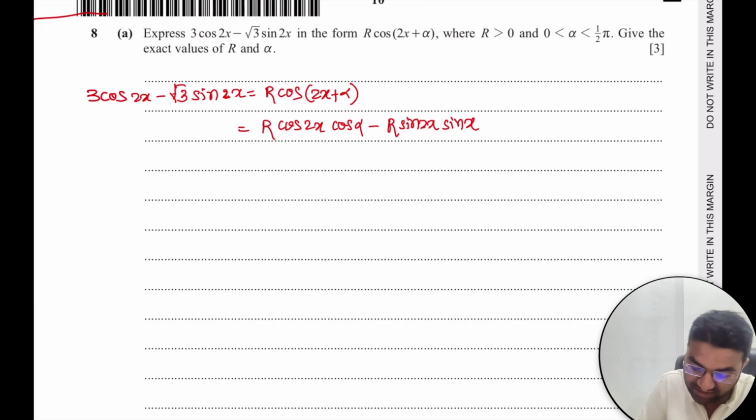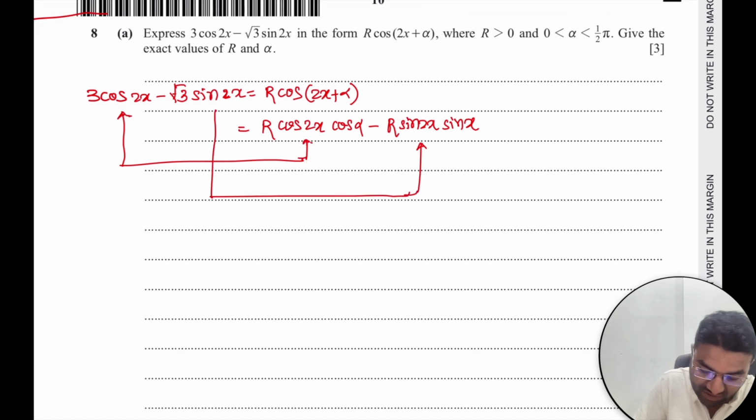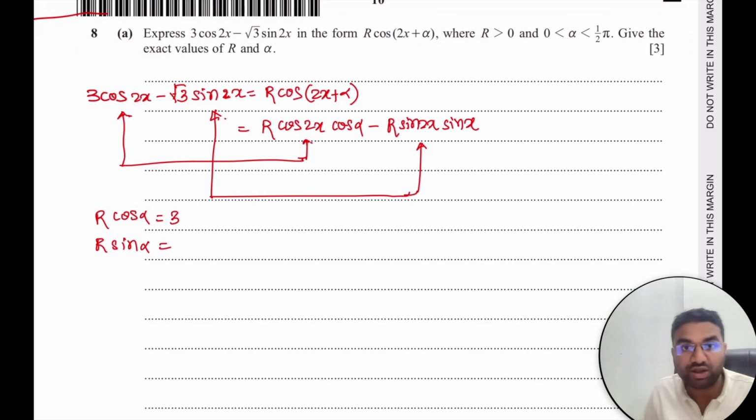If you compare the left hand side and right hand side, here we have a cos 2x, here also we have a cos 2x, sin 2x, here also sin 2x. So we will get r cos alpha is equal to 3, r sin alpha is equal to root 3. Fine. You have to take the sin upon cos ratio.